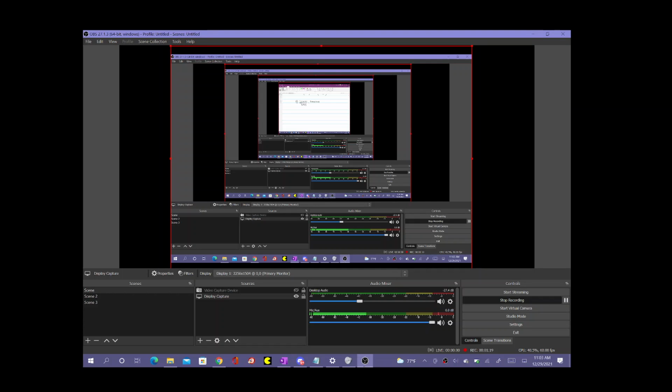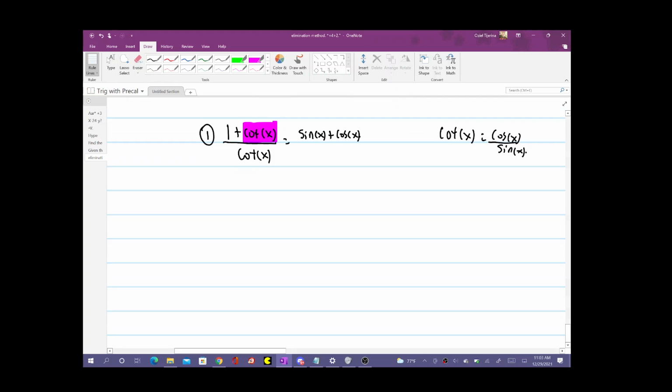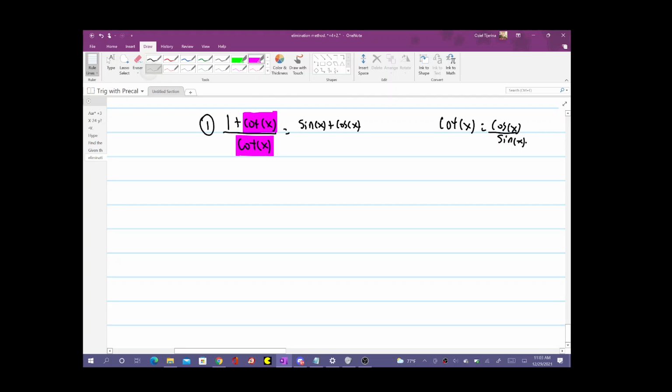So the first thing that you're going to want to know, you have to know your trig identities. Cotangent of x is equal to cosine of x over sine of x. So you're going to do cotangent x right here, on top and bottom. So you have 1 plus cosine of x over sine of x, over cosine of x over sine of x, equals sine of x plus cosine of x.